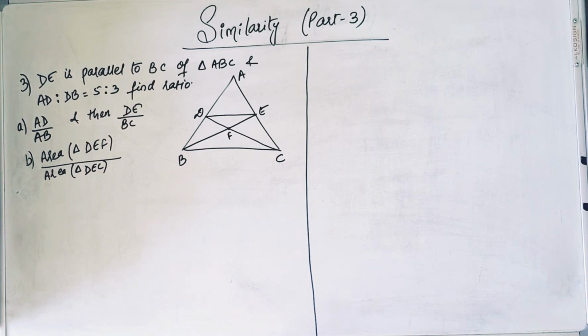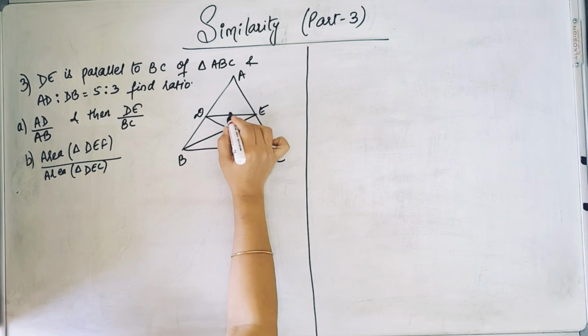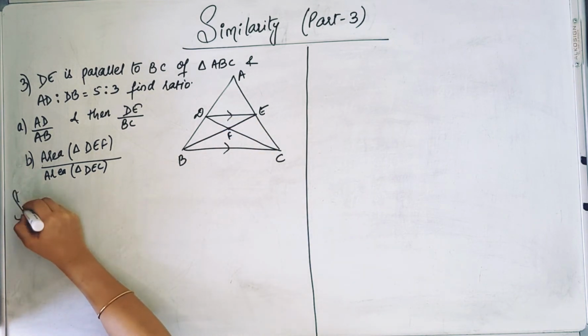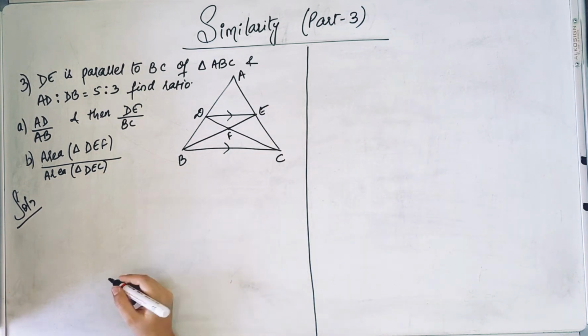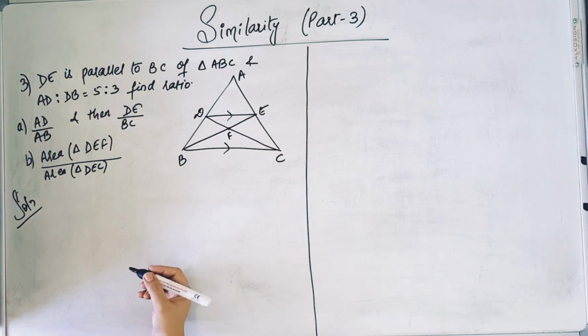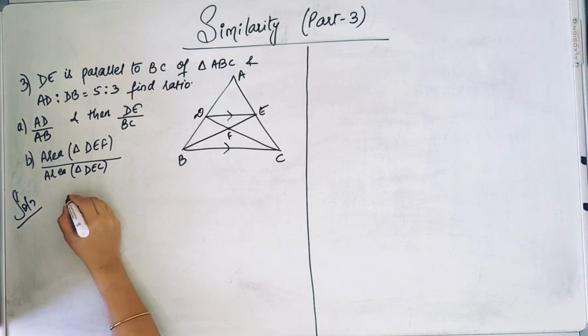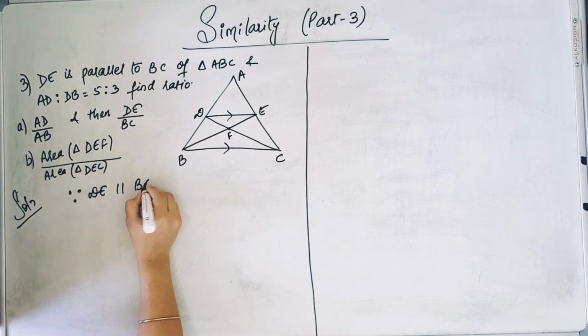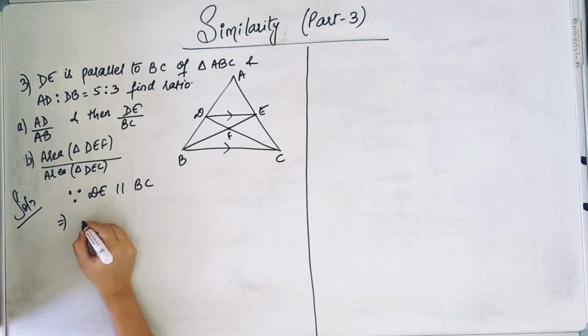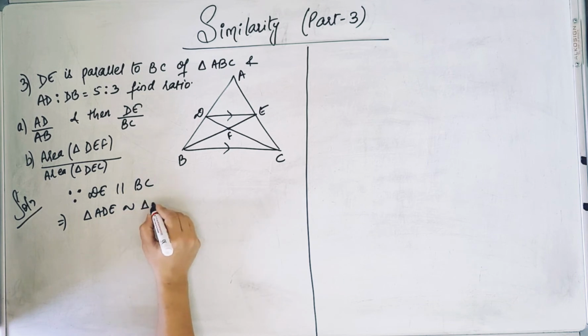So what we'll do in this question, since it is given these two lines are parallel, we can prove that ADE is similar to ABC. So since DE is parallel to BC, this implies that triangle ADE is similar to triangle ABC.